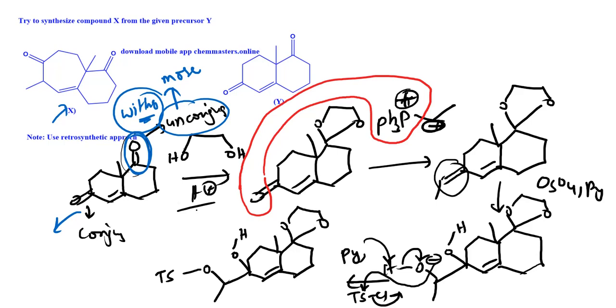Now in the next step, by applying a weak Lewis acid, simply pinacol rearrangement takes place. So try to check the mechanism of the pinacol rearrangement. In this step, what happens? In the first step, the most reactive leaving group, the tosyl group, is cleaved.